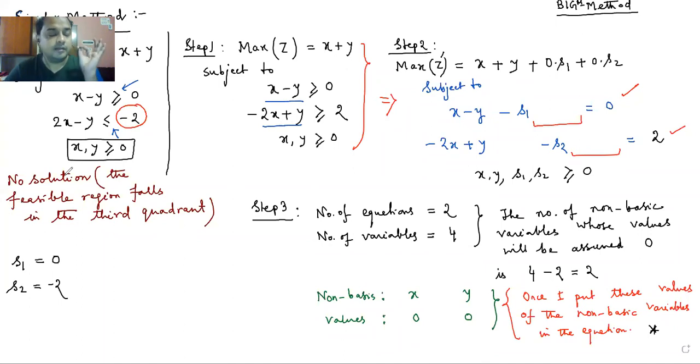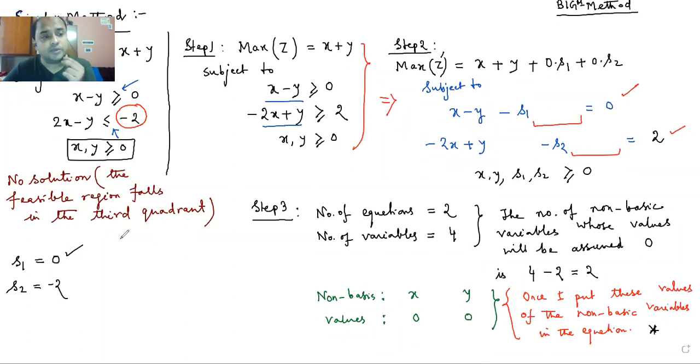Even if during the simplex method these variables retain some values, they can never be negative. They are always non-negative. Either it can be 0, or it can be positive.